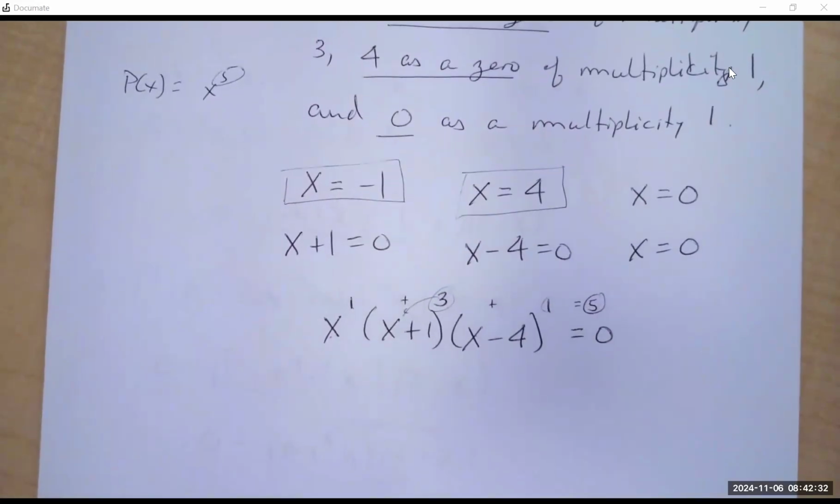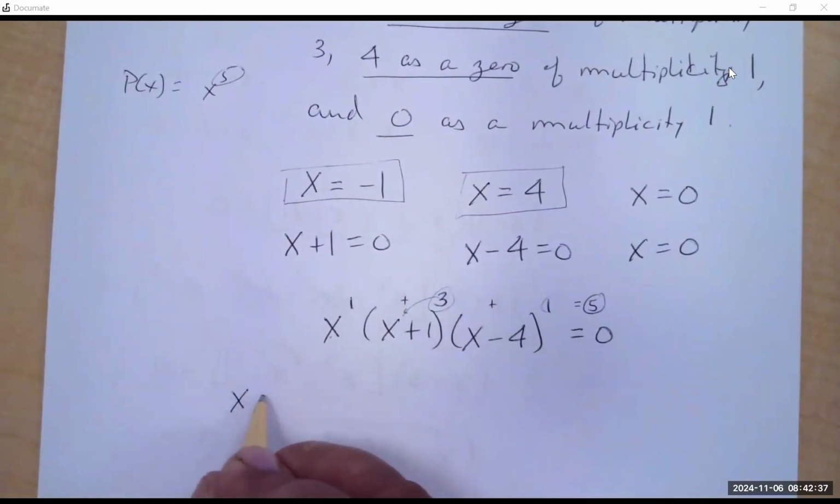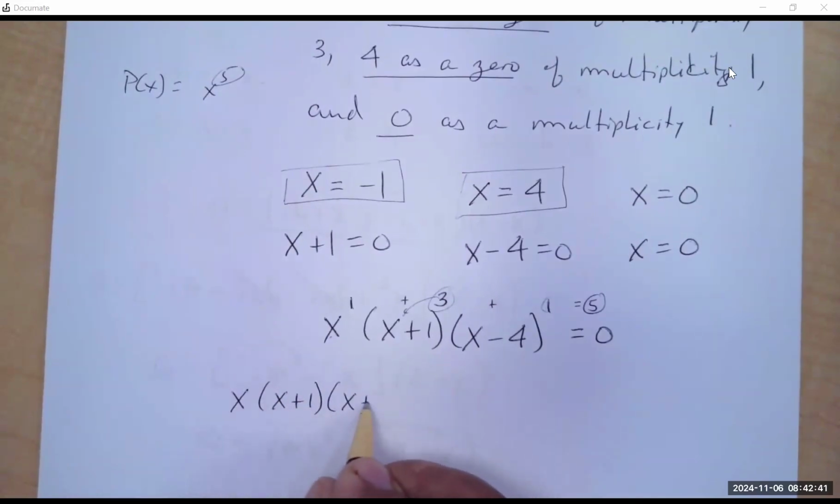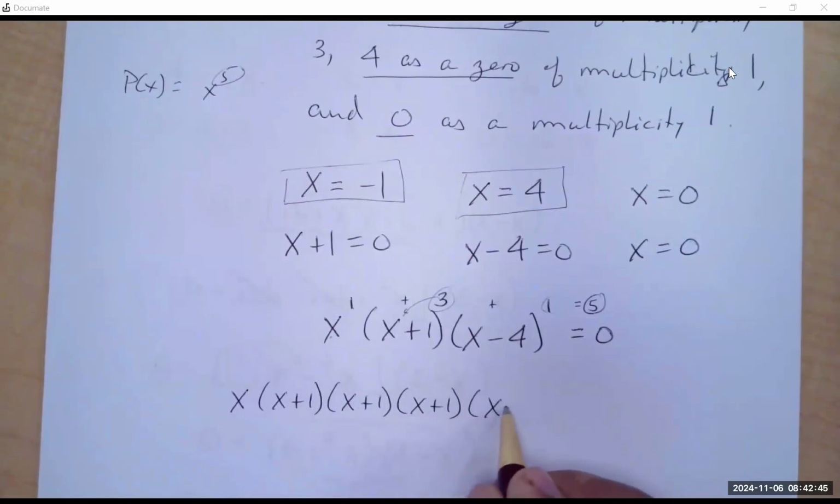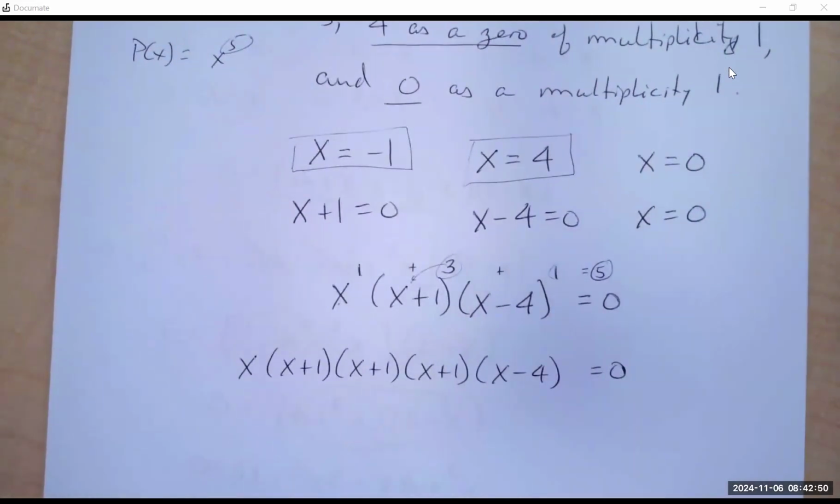Here's the horrible part about this question. x plus 1 times x plus 1 times x plus 1. We have to find the polynomial that matches this.